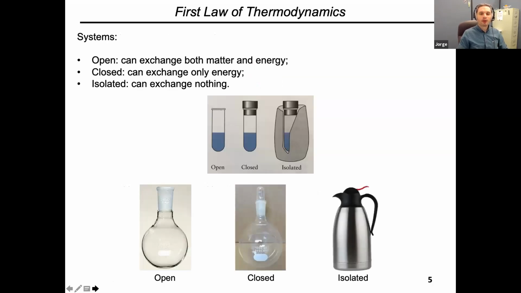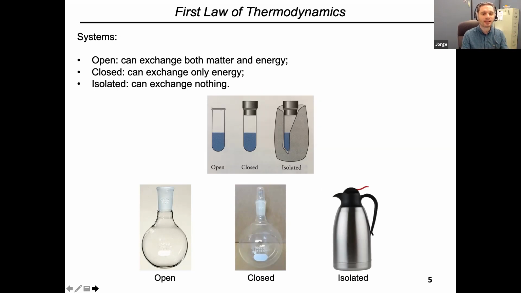Okay, so now let's start talking about the first law of thermodynamics. Before we go directly to the first law and define what it is, thermodynamics always works with three different kinds of systems. The first system that's possible is called an open system.